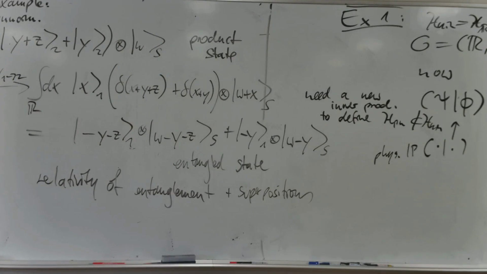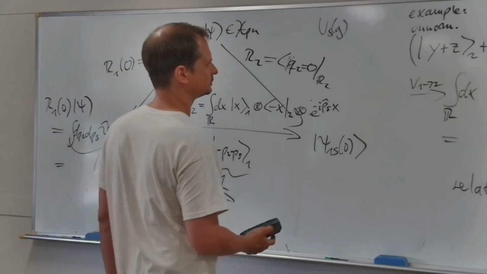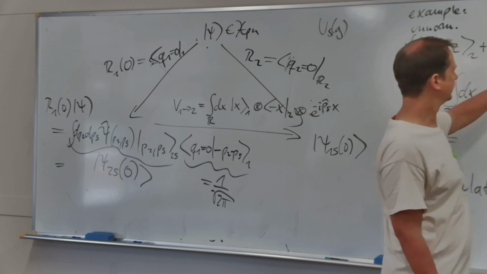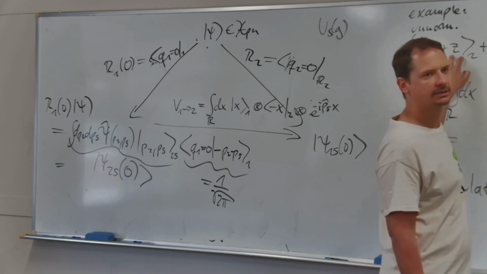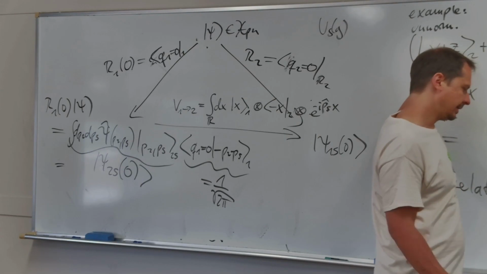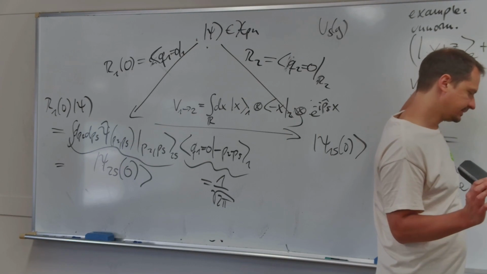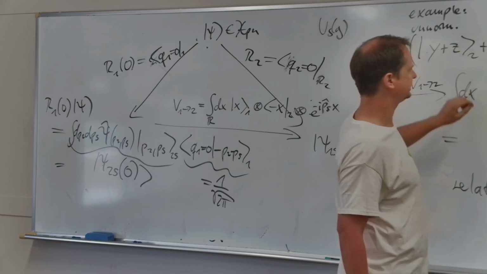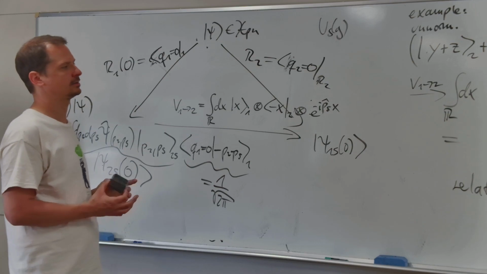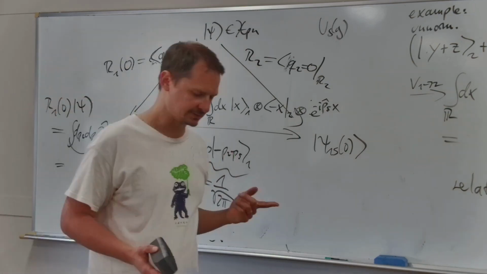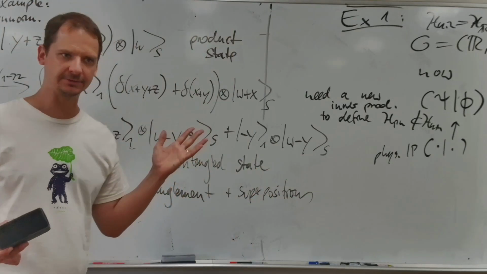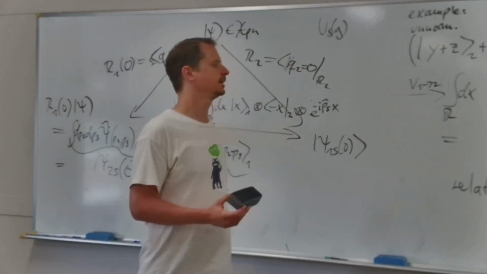So the superposition on the first side is sufficient to create entanglement. Is it necessary? I think it is also necessary. So we actually looked at these questions in finite dimensional systems with finite groups, for instance, where you can do things much more rigorously.